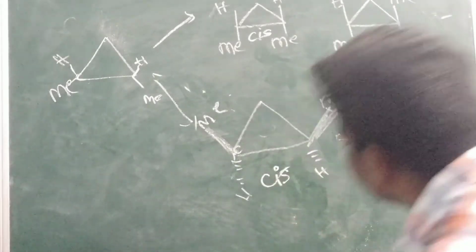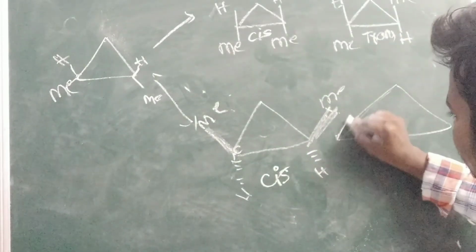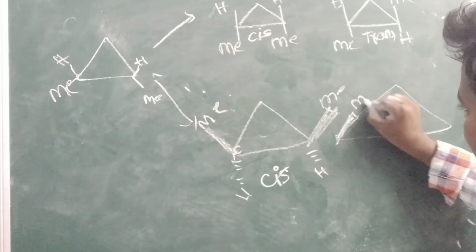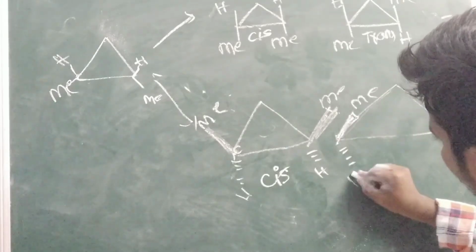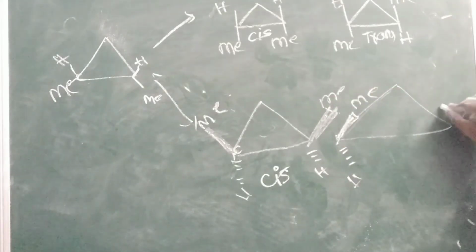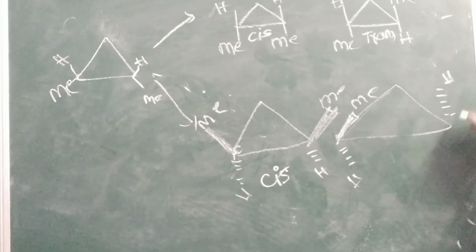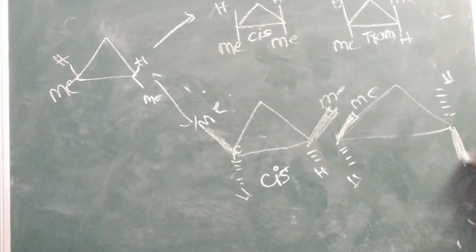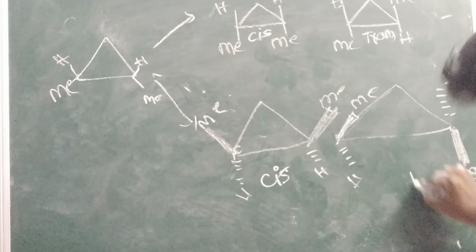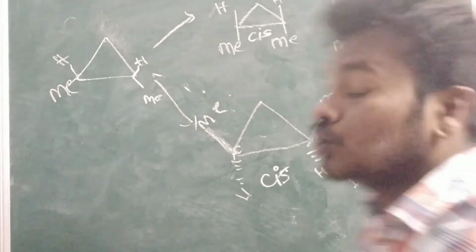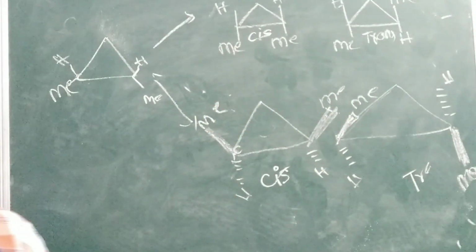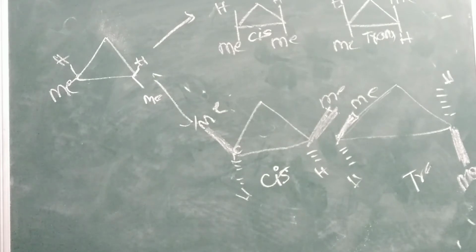This is called cis. Here also methyl, hydrogen, just rotate this one, hydrogen, methyl group. This is called trans. So the ring also exhibits this type of isomers, cis and trans, two types of isomers.